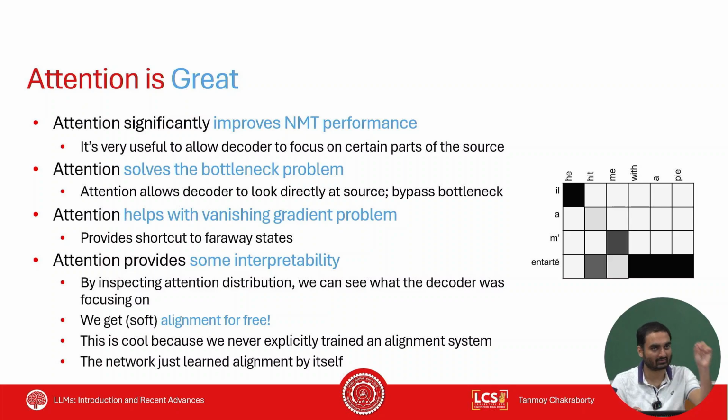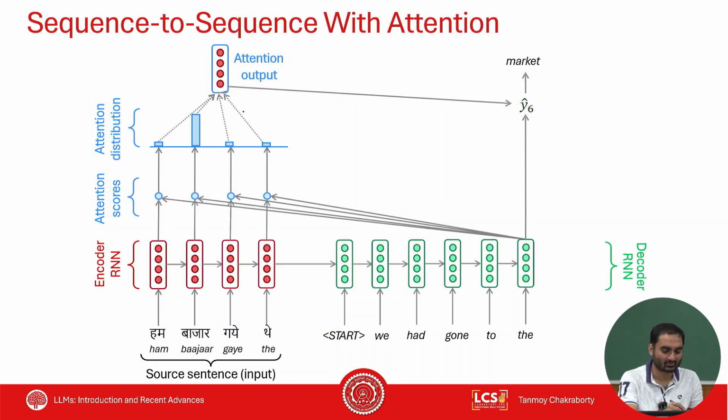Because now there's a shortcut: one gradient moves through this, one gradient moves through the shortcut, very similar to a skip connection. The most important beauty of attention is that it gives you interpretability. For example, based on this distribution, you can say that to generate the last word of the decoder, the second word was more responsible.